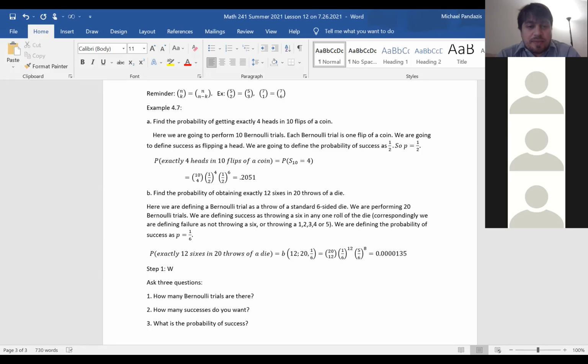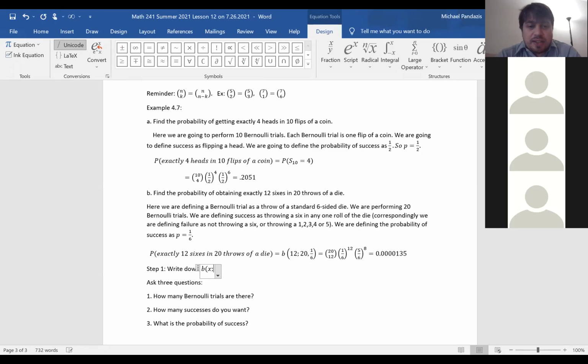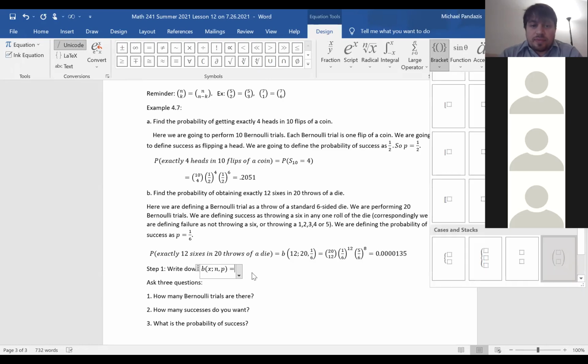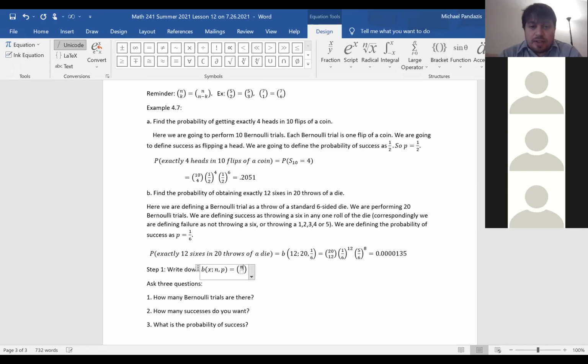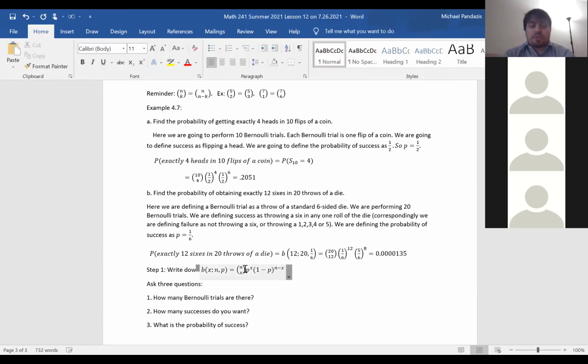Write down this: B of x colon n comma p is equal to n choose x times p to the x times q to the, and I'm going to actually put it this way, 1 minus p raised to the n minus x. You just write that down, all right? Step 1, write that down.